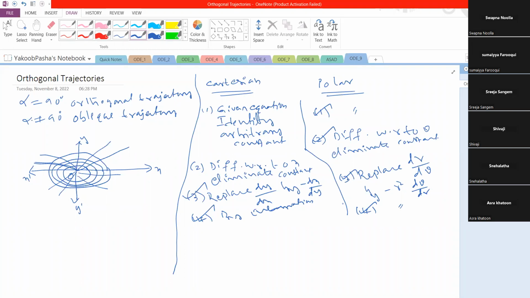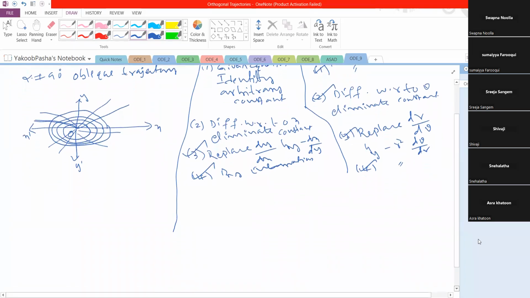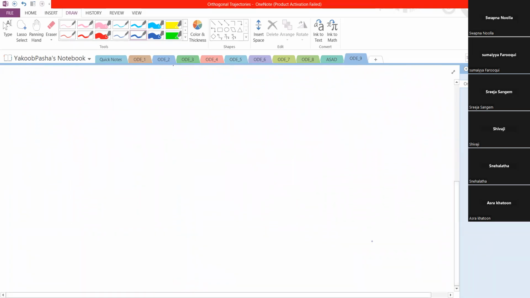First, I am taking a simple example. Find the orthogonal trajectories of the family of straight lines y is equal to cx.